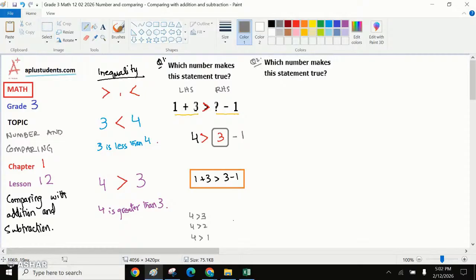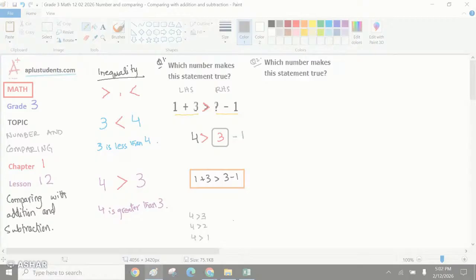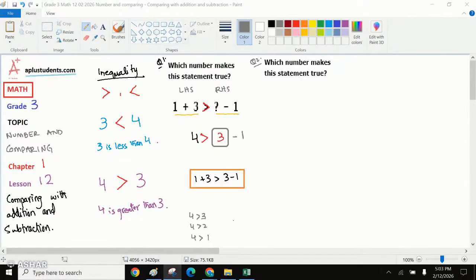For the next question, question number 2: 7 plus something is less than 12. Okay.